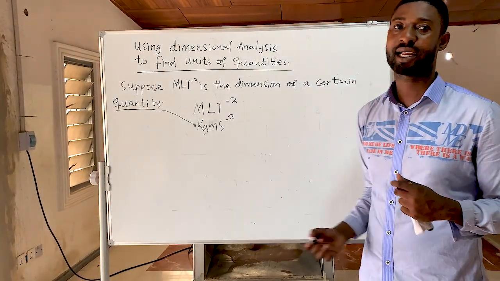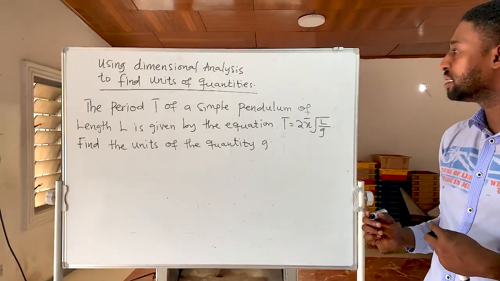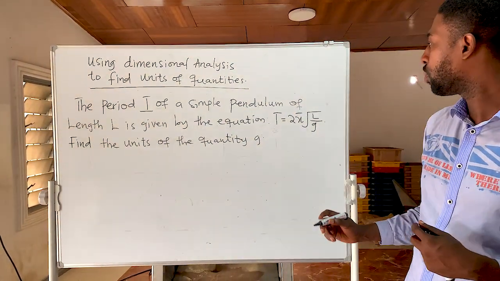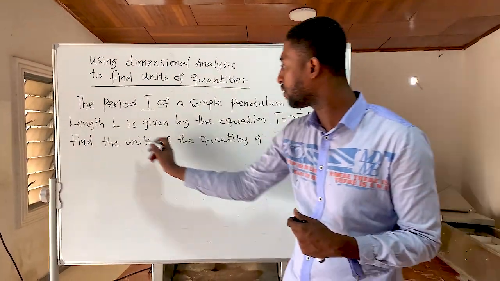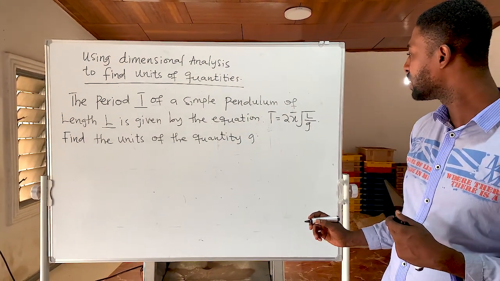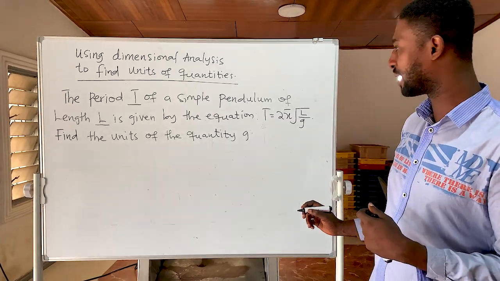Let's also take another example. The next question: the period T of a simple pendulum of length L is given by the equation T equal to 2 pi root L over g.